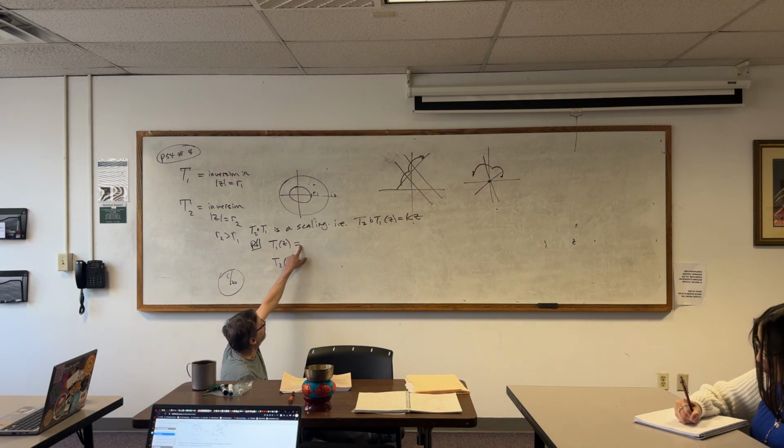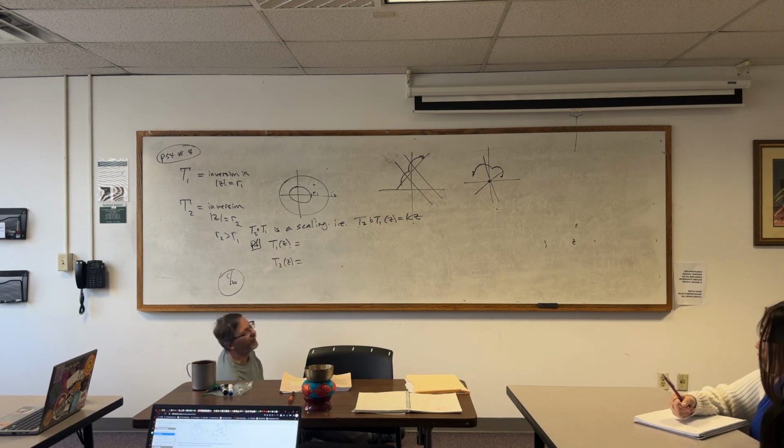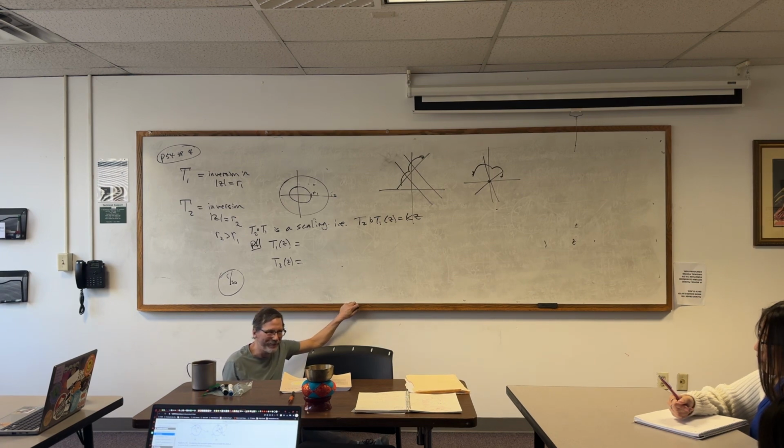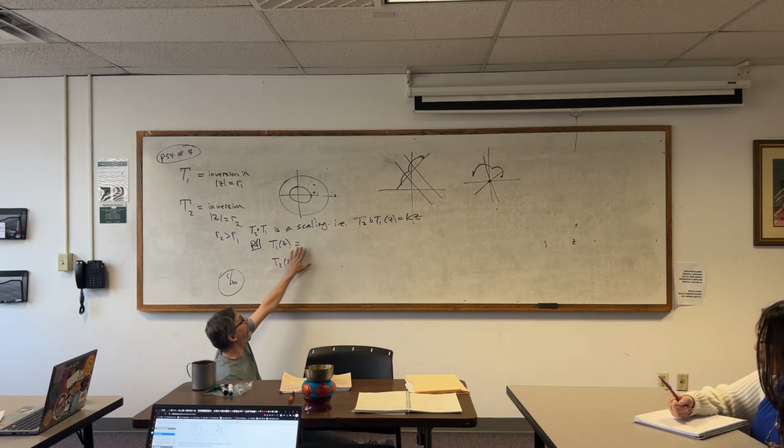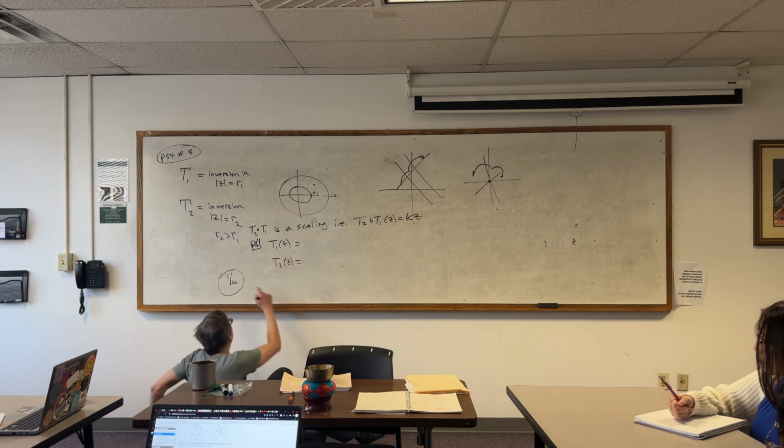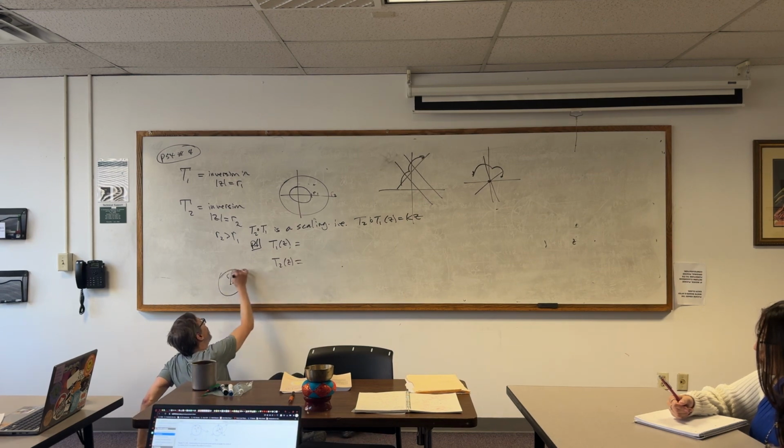What is the formula for T1? Tara, do you know that one? I'm gonna start calling on people. Like the entire formula, or is it like the center and then the radius? Yeah, so what is the formula here? What was the original? Do you remember? And I'm putting you on a big spot here.